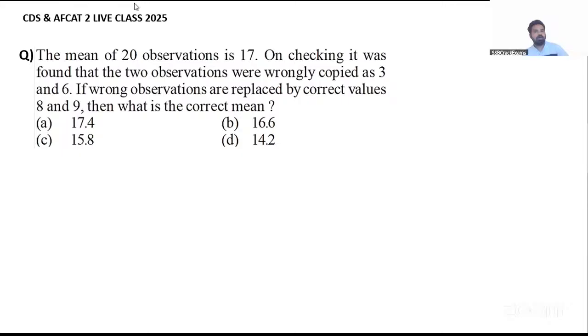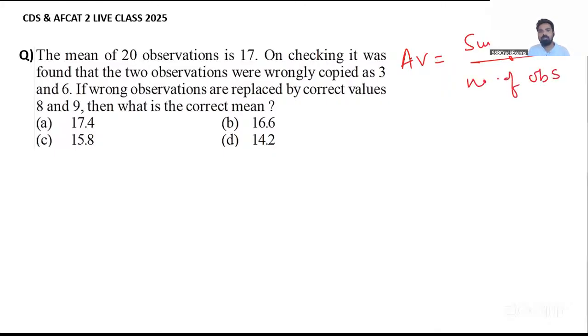So what we need to do in these types of questions, let me tell you. Since we are given that the mean of 20 observations is 17, we know that average is equal to sum of observations upon number of observations.